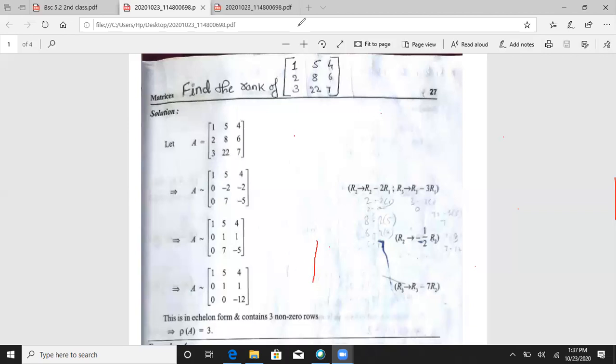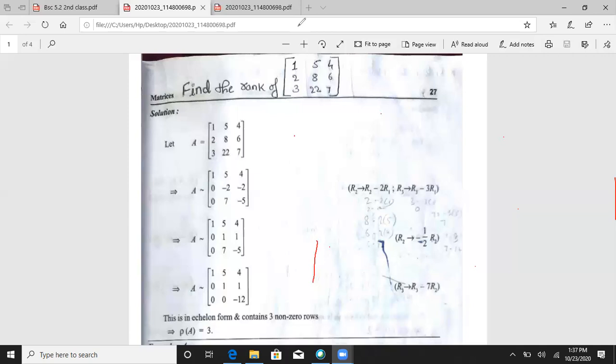First go to A here, that is A equal to, first as it is, you write as it is, that is the first matrix. Operating the second one, the second matrix: see here, this is operating R2 equal to R2 minus R1.